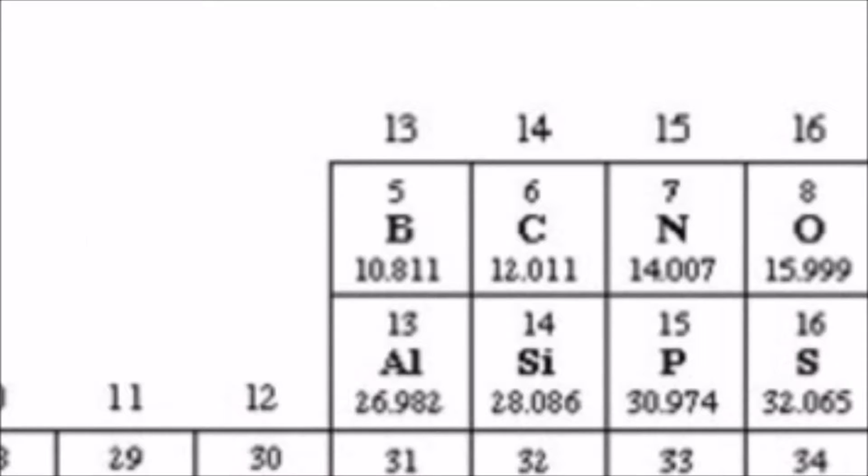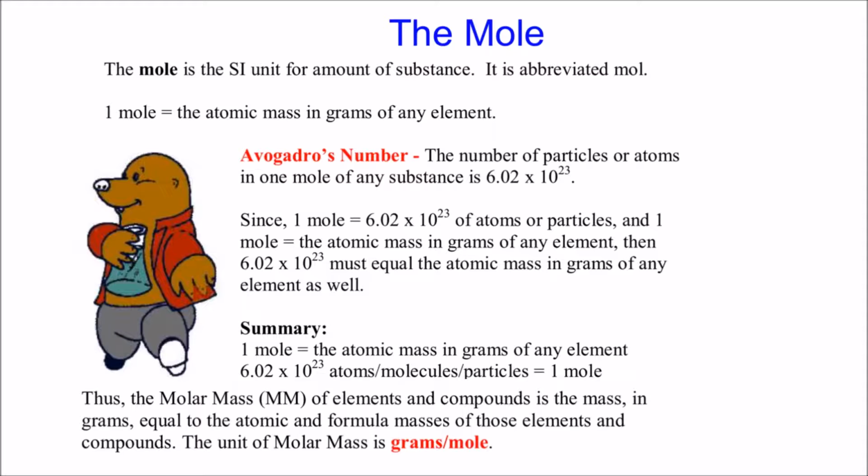There's also another piece to the mole, and that's going to come by way of Avogadro's number. There's a scientist named Amadeo Avogadro, and he's widely given credit for coming up with this number right here. In actuality, that's not really true, but he's given credit for it.